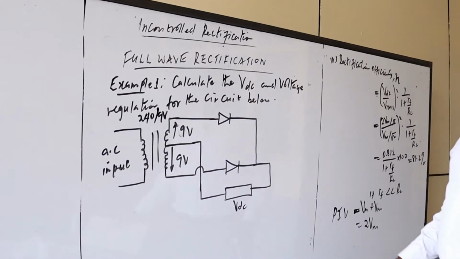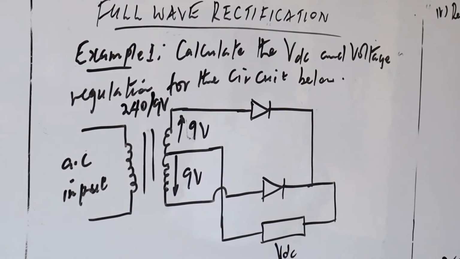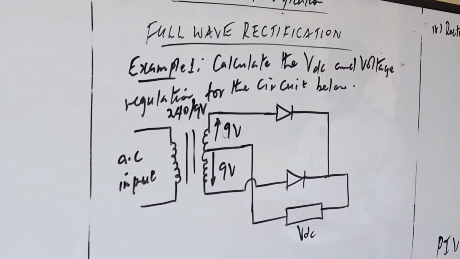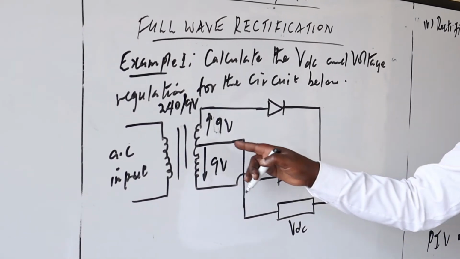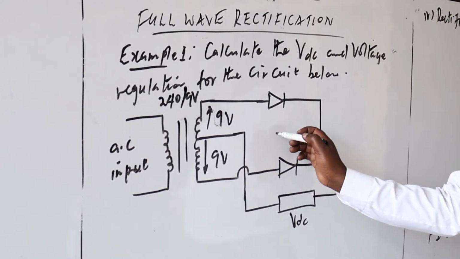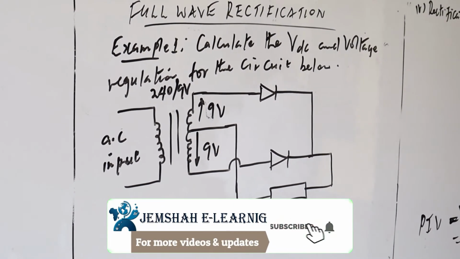So that is our circuit. It is just similar to our previous circuit, that is the biphase. It's only that now the load has been suspended down here instead of being in between the two diodes. It is still the same position.